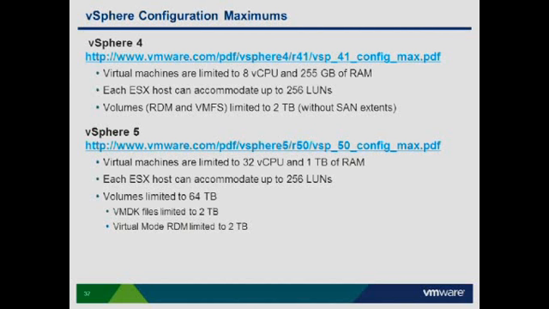Really, the ones that stand out are, again, the 255 LUN limit and possibly the 2 terabyte VMDK limit. Now, VMFS can be as big as 64 terabytes, and RDMs can be as big as 64 terabytes, but the VMDK itself is limited to 2 terabytes. So if you're looking to go with larger volumes, that might be a situation where you need to go down the RDM route.